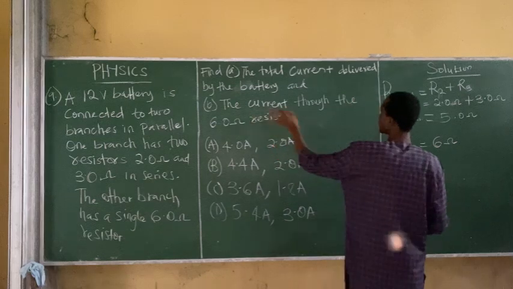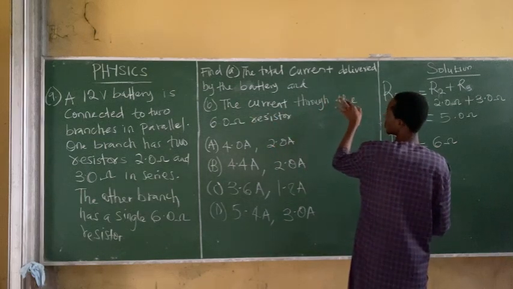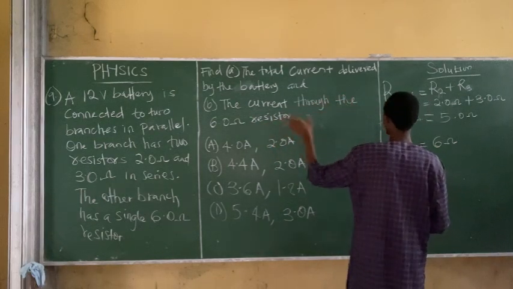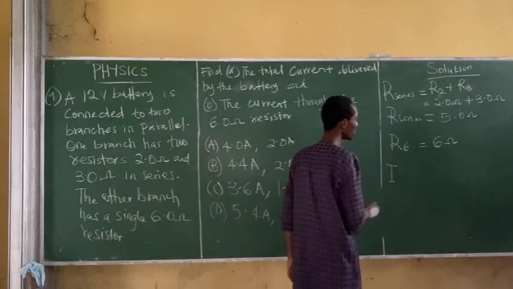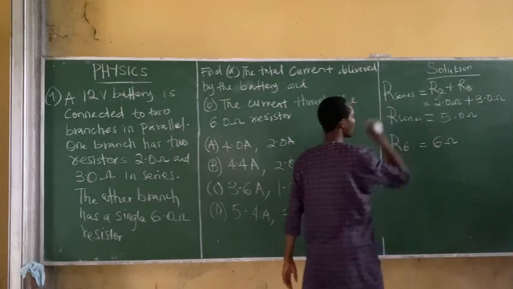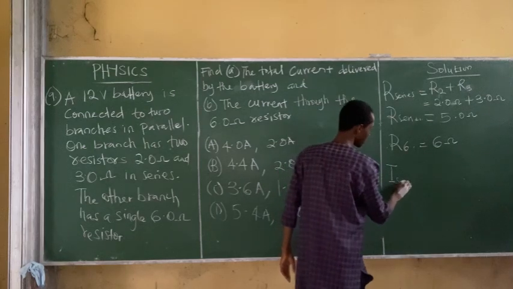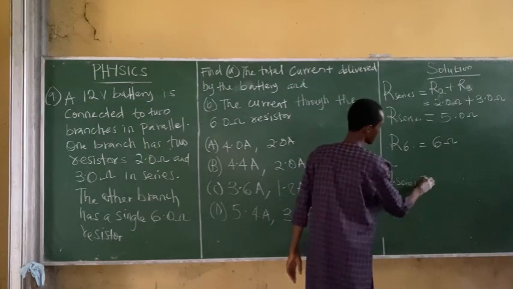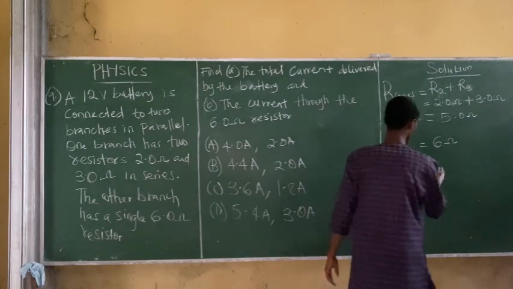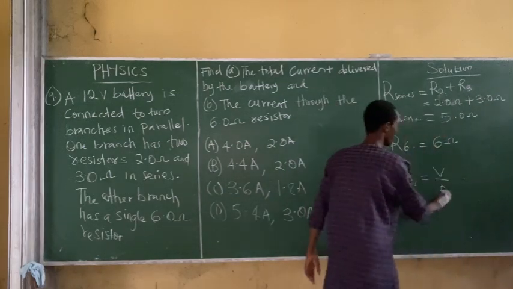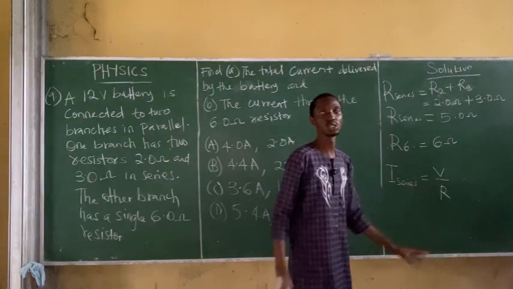And they said we should find the current passing through the 6 ohm resistor. The first thing we need to do, we need to calculate for the current moving through this series connection, which is I series. We know that current is equal to V over R. This is from Ohm's law.